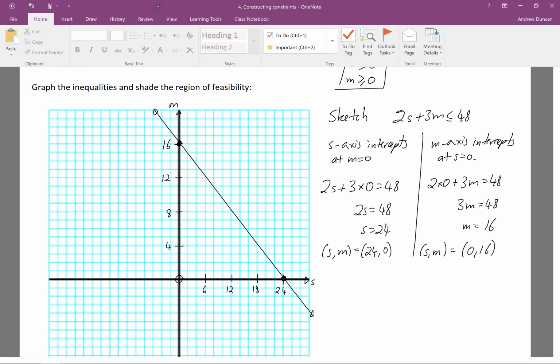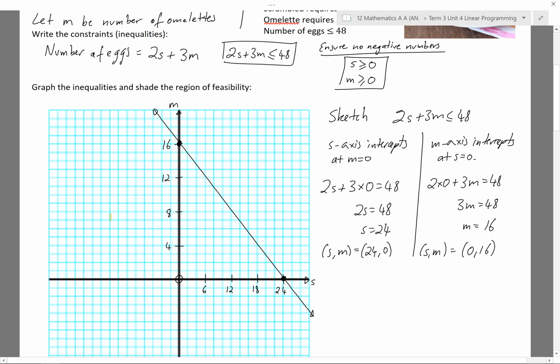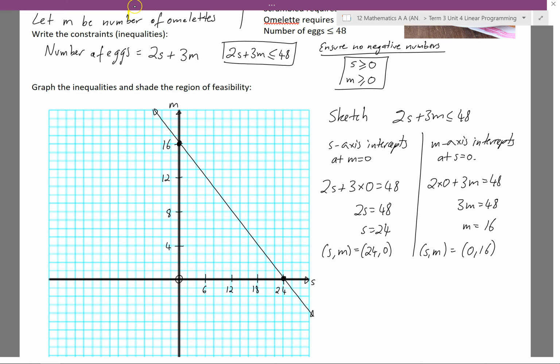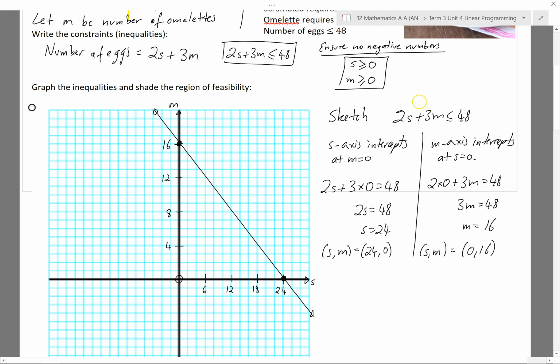Before you go ahead and get your highlighter and color in this whole bottom section, we also need to consider these other two constraints that we have in the problem. These constraints that S needs to be greater than or equal to 0 and that M needs to be greater than or equal to 0. The first one, I'm looking at where S equals 0 and I'm drawing a vertical line. So it's on the same line as the axes.